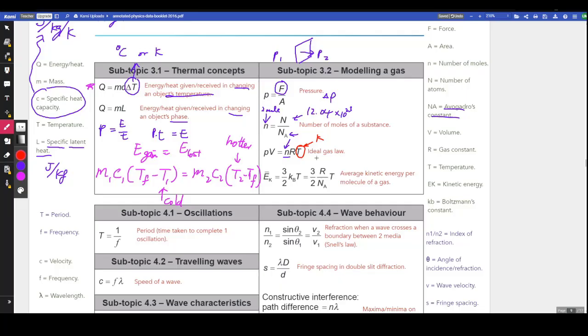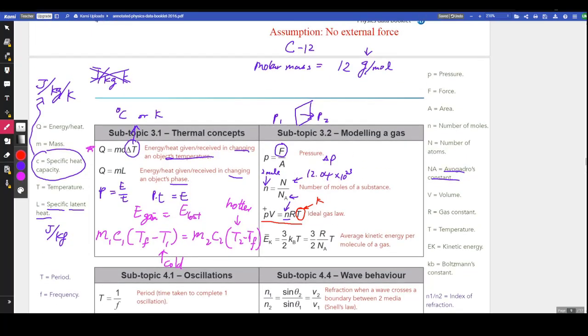The next thing about the ideal gas law is that you could have something being constant here. So you need to be very careful with the question and read carefully.